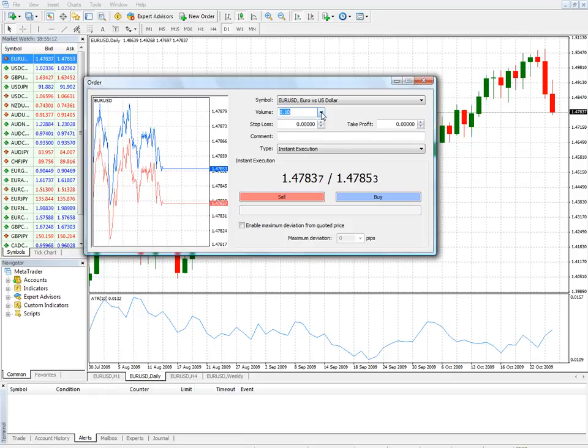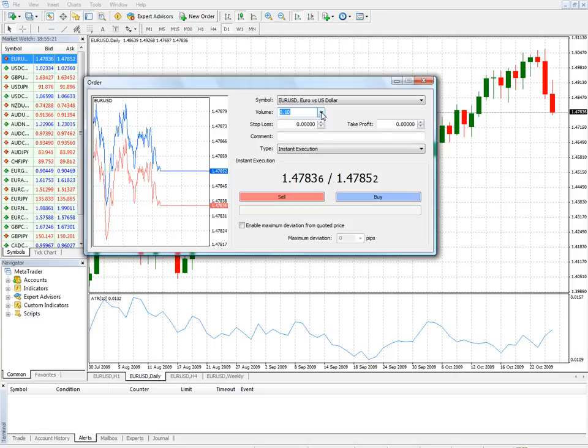Some people will go to 5, and actually the higher the percentage of your account equity you risk per trade, the greater the probability of blowing your account out, the greater your risk of ruin, basically. Some people call that ROR.